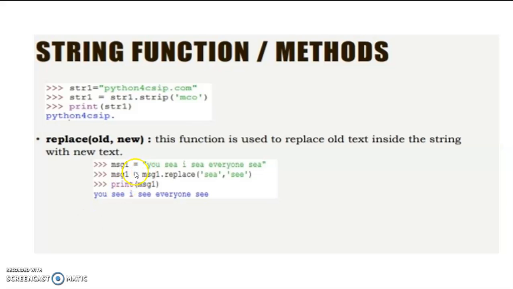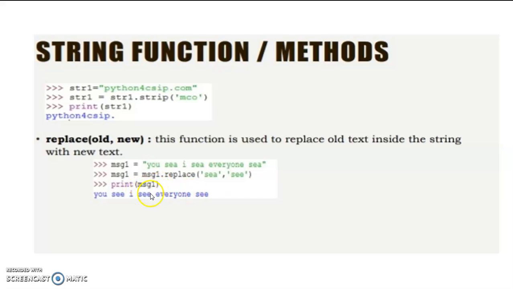See the example. msg1 is equal to 'you sea, I sea, everyone sea'. Then msg1 is equal to msg1 dot replace 'sea' comma 'see'. Those strings are given in between single quotes. When you use any string, you have to give that string in between single quotes or double quotes.